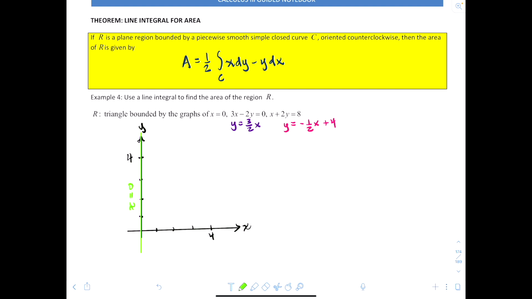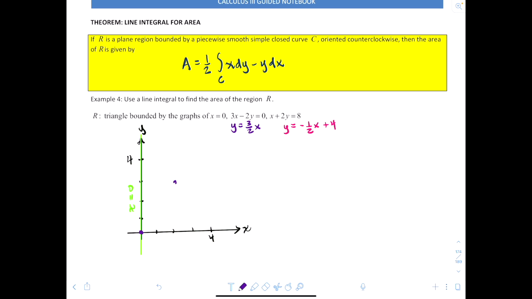And then we have y is 3/2 x, so 0, 0, slope, go up 3/2. Connecting the dots, we get this line here, y equals 3/2 times x. And then y is negative 1/2 x plus 4. So the y-intercept will be here, and then go down 1/2, so they'll intersect there.